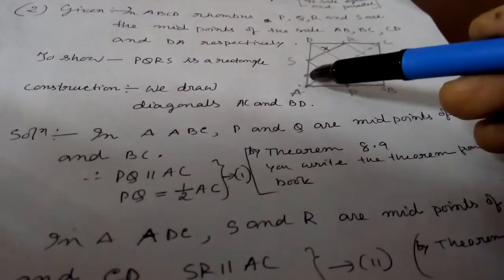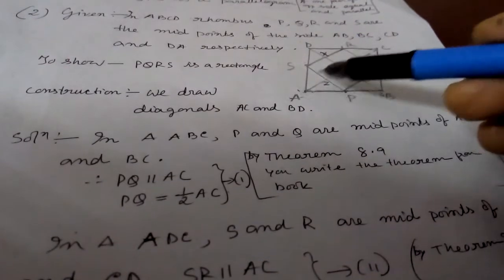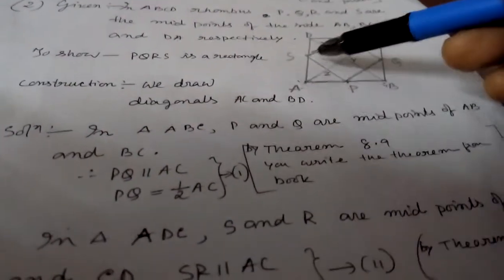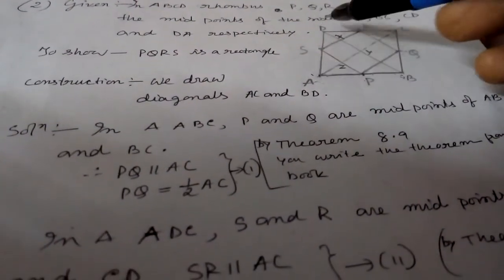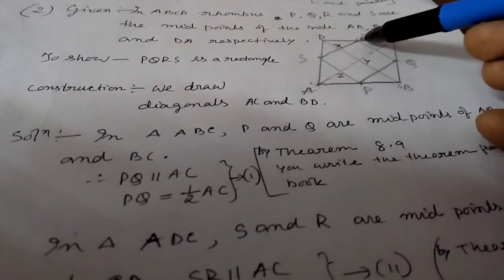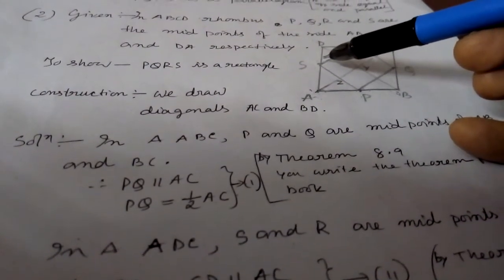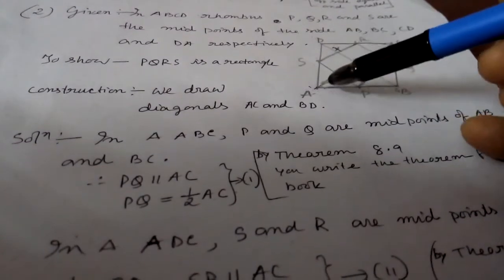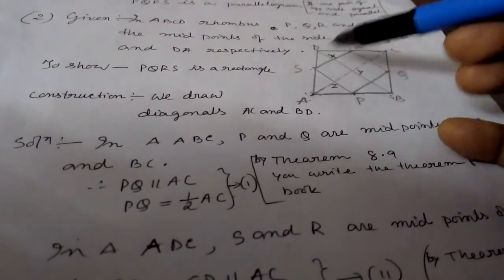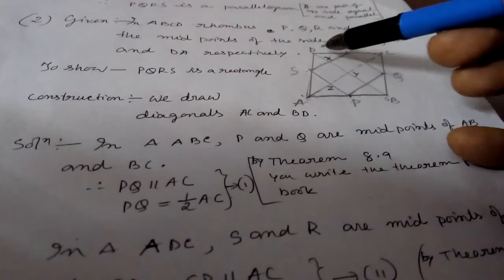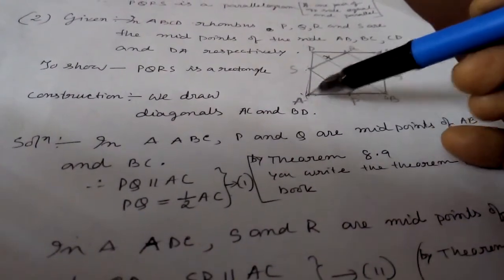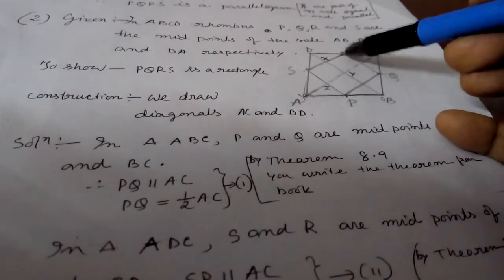So PQ is parallel to AC and PQ is half of AC. Similarly, in triangle ADC, S and R are midpoints of AD and CD, so SR is parallel to AC and SR is half of AC.